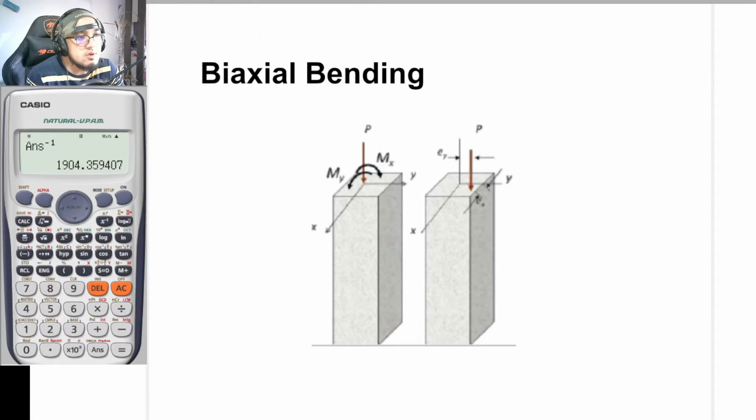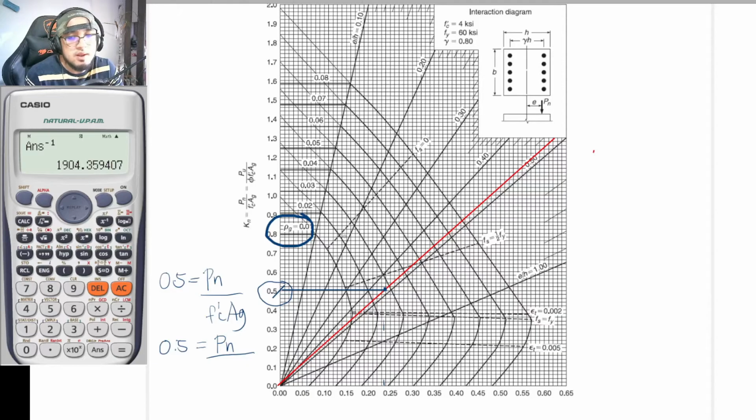So it is to be given by this interaction diagram. Ito yung sinolve natin the last time. If I project this downwards, ang makukuha kong value dito is 0.24.